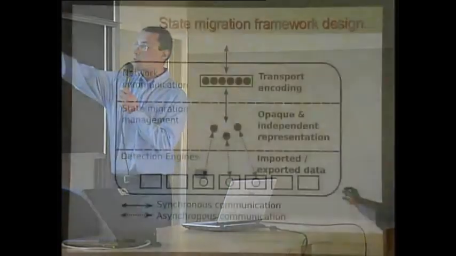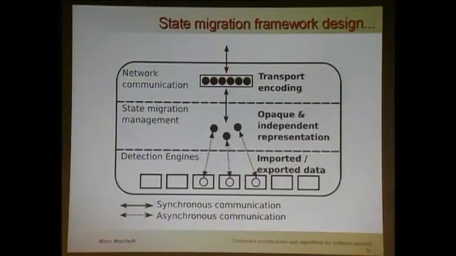This is just an outline of the main components of the state migration framework that I have designed. In the lowest layer, we have the network intrusion detection system detection engines, which are basically the software modules that perform the actual analysis of traffic. Each detection engine is able to build and maintain its partial state information.